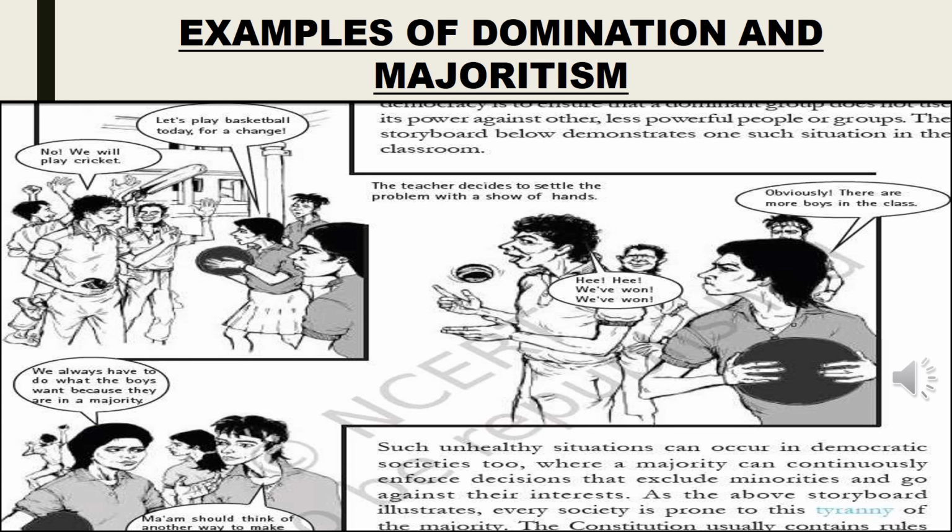This is referred to as inter-community, where one community, the majority community, is dominating another community, and the other is intra-community, where in the Hindu society the caste system was there and the three upper castes were dominating the untouchables.